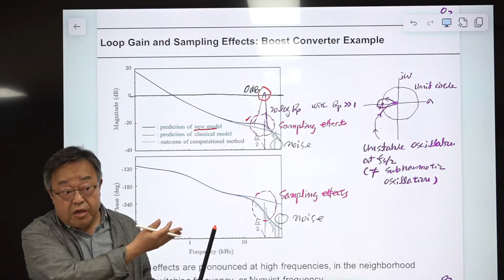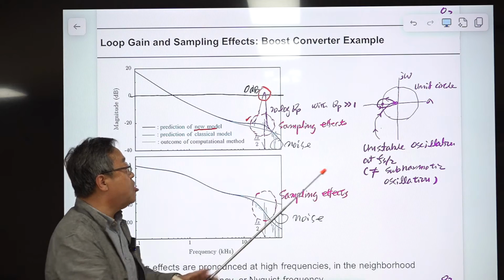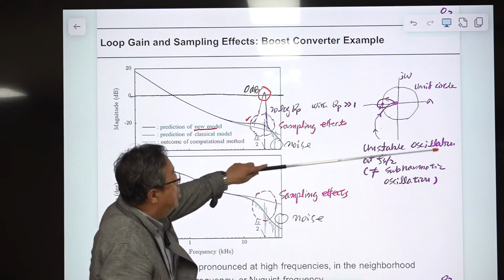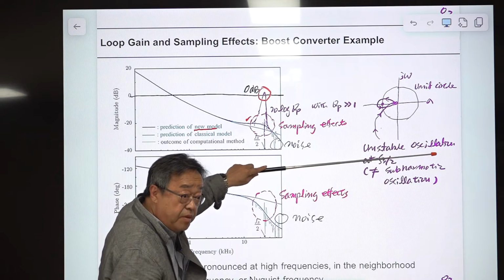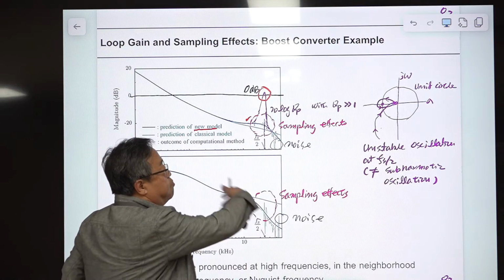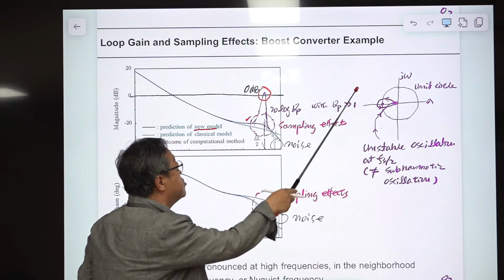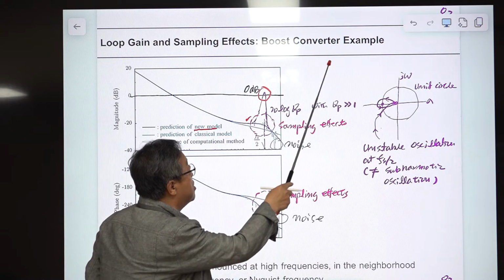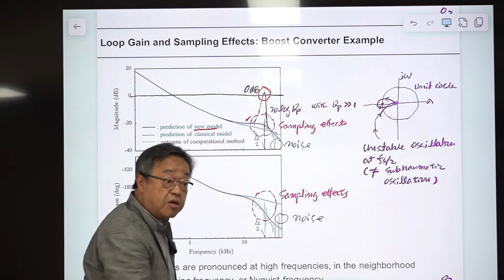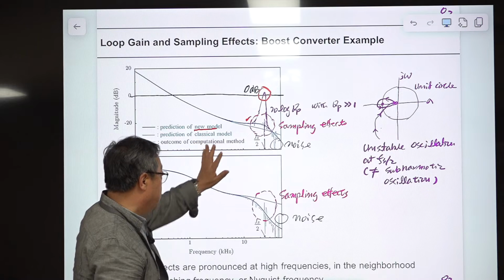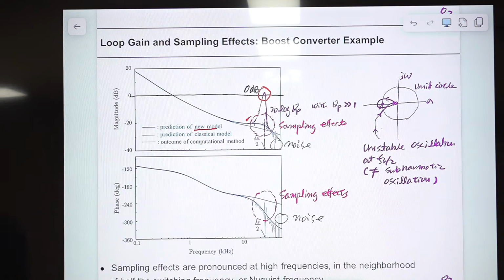So that was the subharmonic oscillation, and the oscillation frequency is the same but the behavior of the oscillation is different. This is some arbitrary oscillation, but that was a very systematic oscillation. So they are entirely different things. All right.